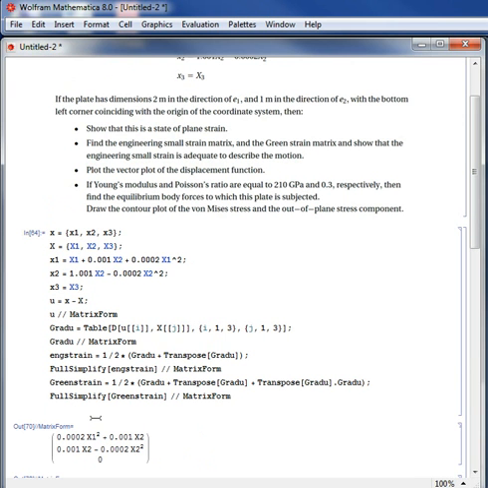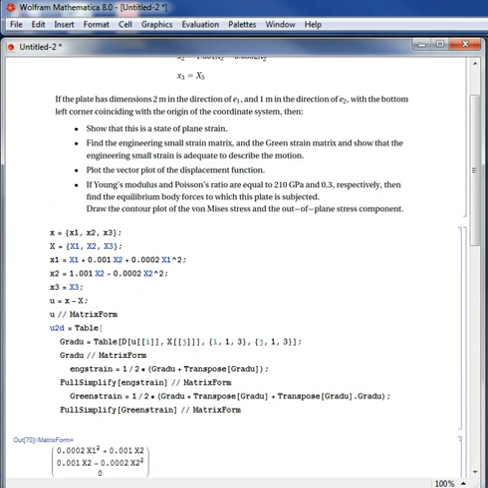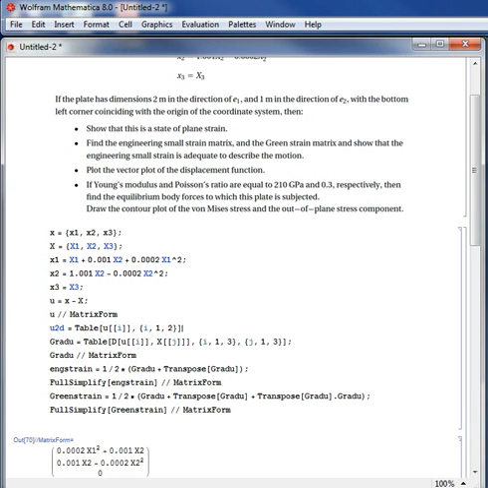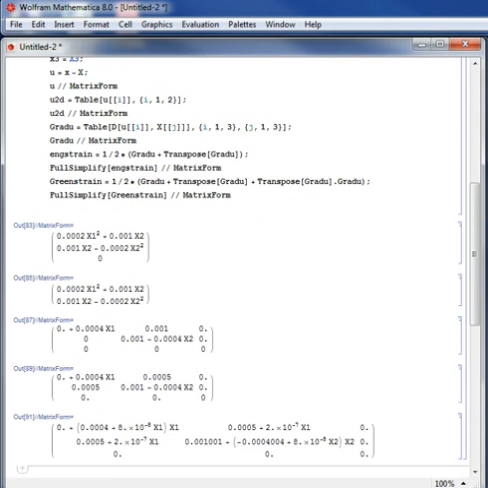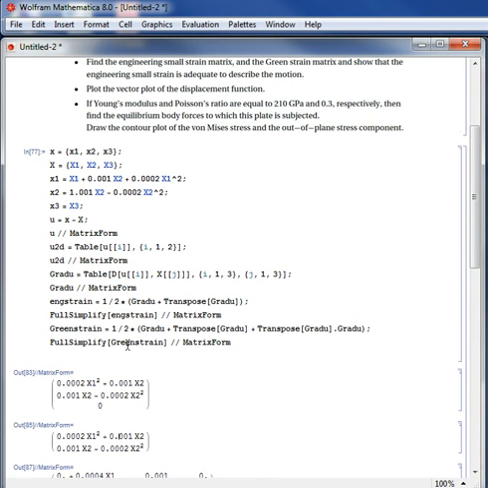So I would like to just use the two-dimensional version of the vector U. So I'm going to define a new vector called u2d, which is equal to the first two components of u. This is the first component, and this is the second component, without the third component.